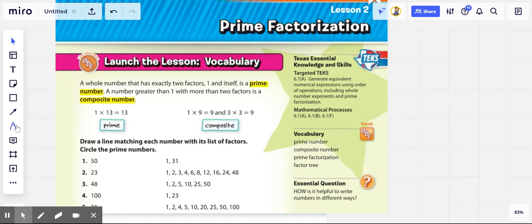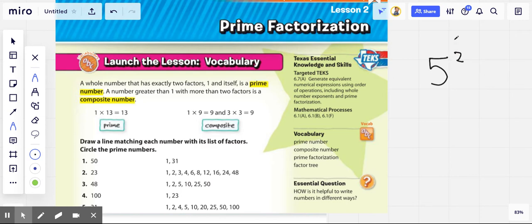So let's say I have 5 squared. A power of two means squared, and remember the power of three means cubed.